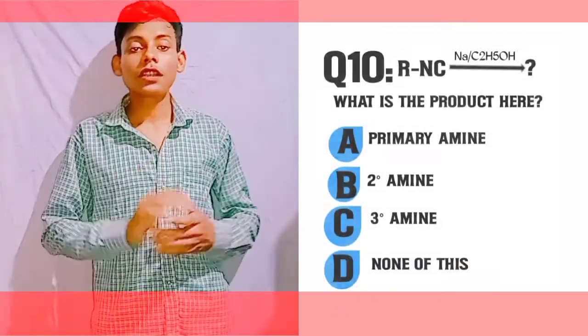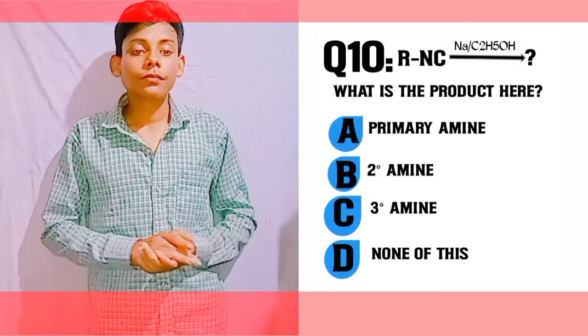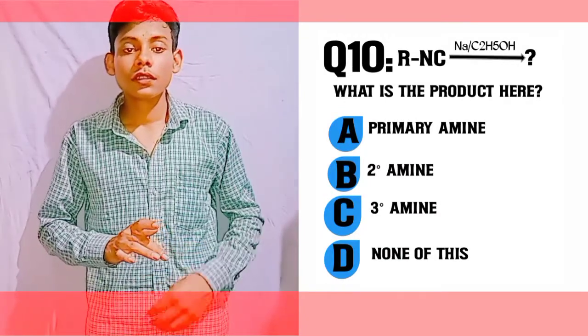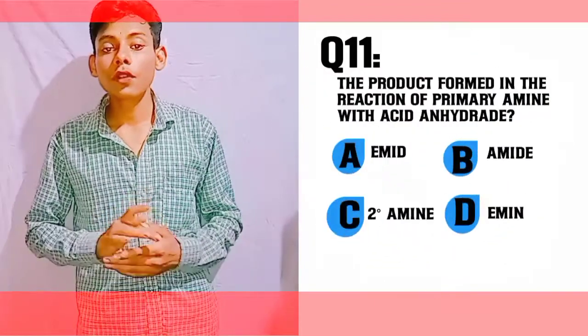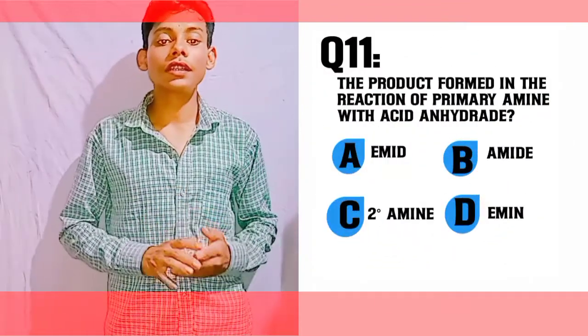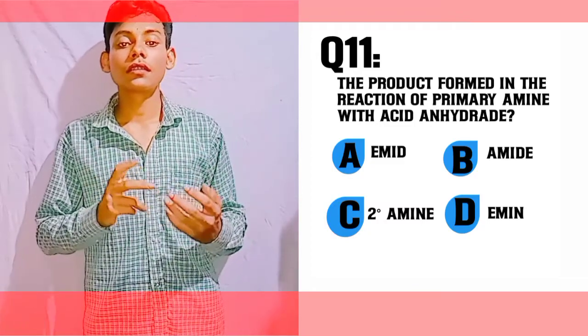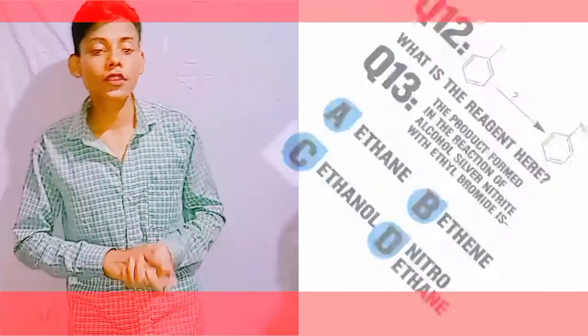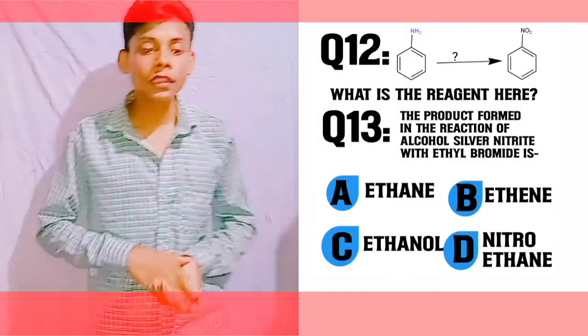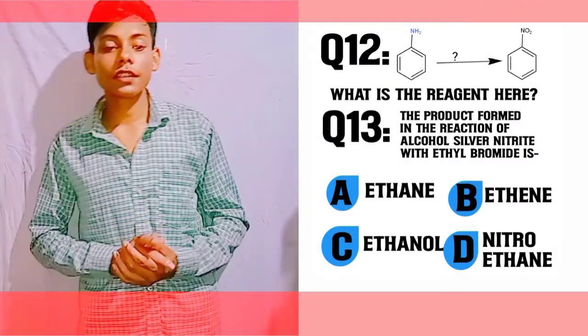Next question, what is the product here? Next question, what is the product formed in the reaction of primary amine with acid anhydride? And next question, what is the reagent here?